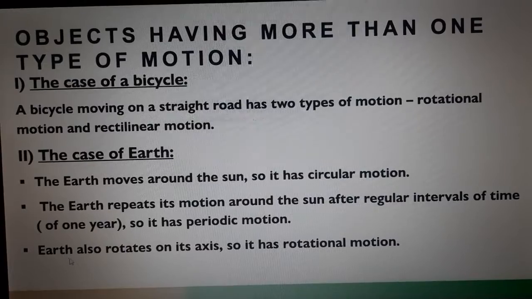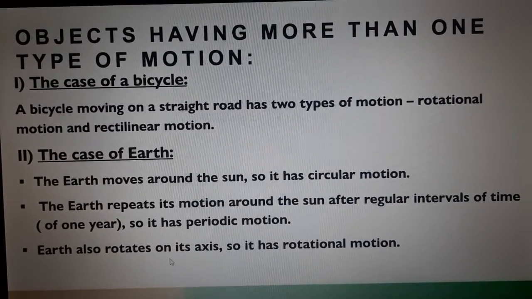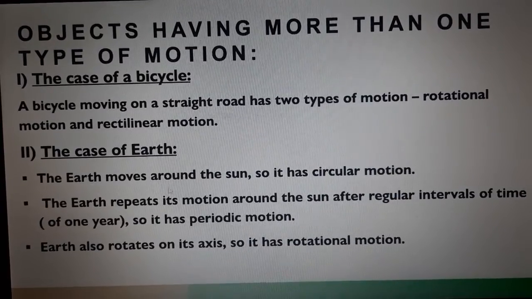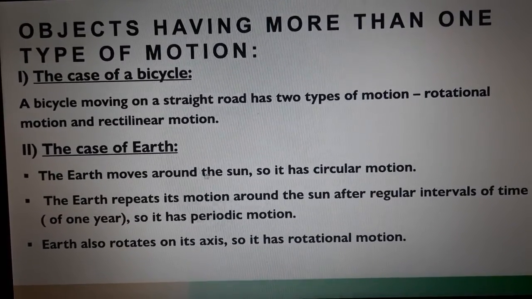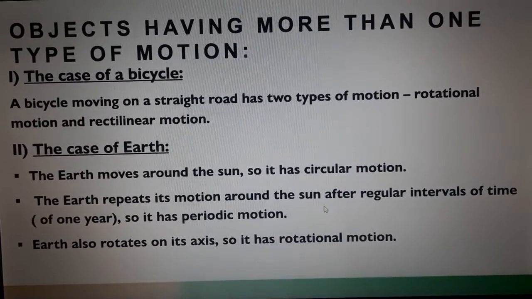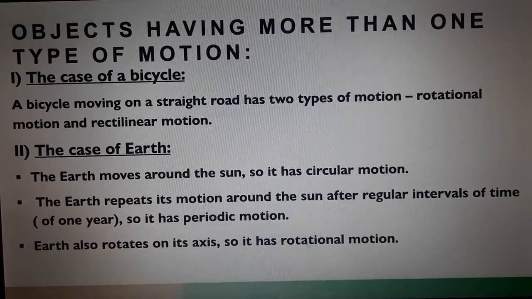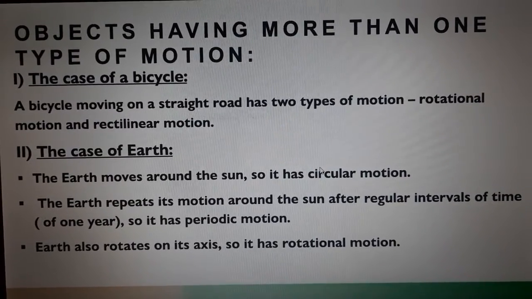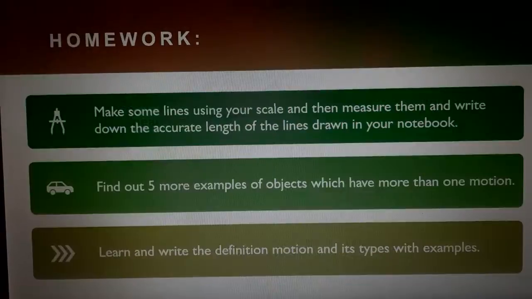The third type of motion is earth also rotates on its axis, so it has rotational motion. So the movement of earth will show three types of motion. The first is circular motion, the second one is periodic motion, and the third is rotational motion. So certain objects have more than one type of motion.